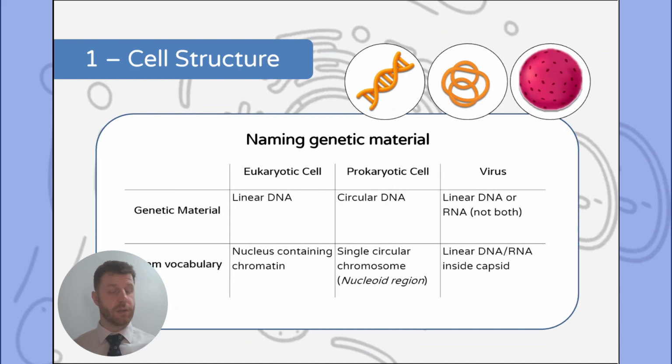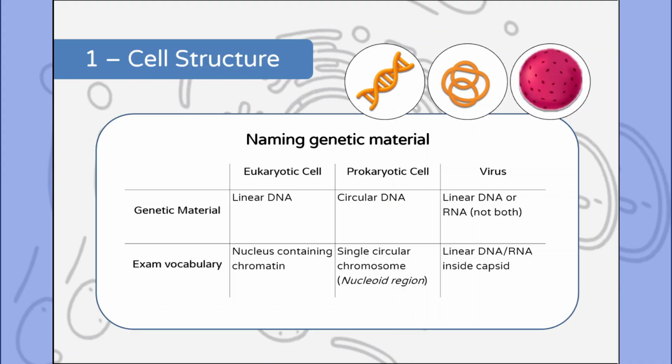Eukaryotic organisms all contain linear DNA, whereas prokaryotic cells will contain circular DNA, and viruses contain a short amount of linear DNA or possibly RNA. It's not ever both, but RNA is a different type of genetic material which we will learn about in a little bit more detail in the course. Exam vocabulary: eukaryotic cells have a nucleus, whereas prokaryotic cells, we call it a circular chromosome.